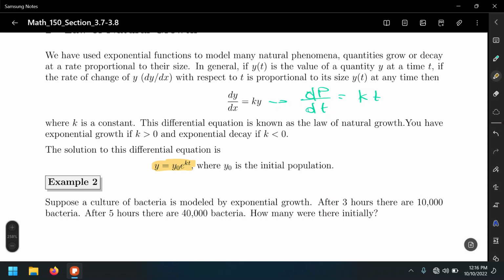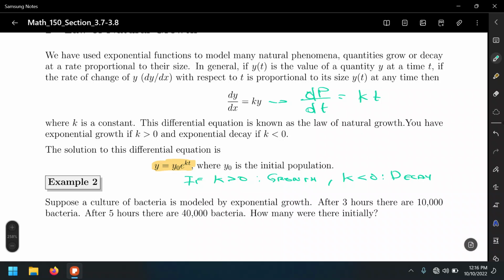In this case, if k is a positive number, then we're going to have growth. But if k is a negative number, that's going to be decay. You might remember this exponential model.